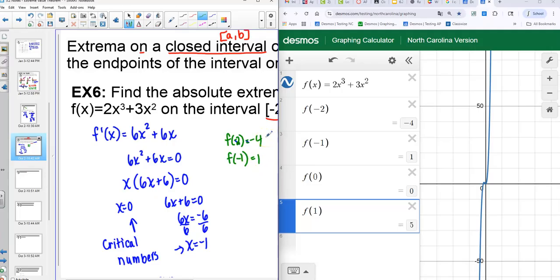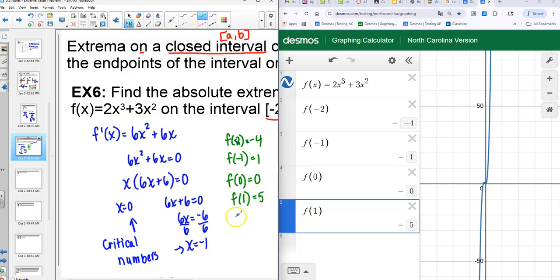Notice I'm plugging back into the original problem, not the derivative. The derivative gives me the slope of the tangent line, not the y-coordinate on the graph, which is what I'm looking for. f of 0 is 0, and f of 1 is 5.